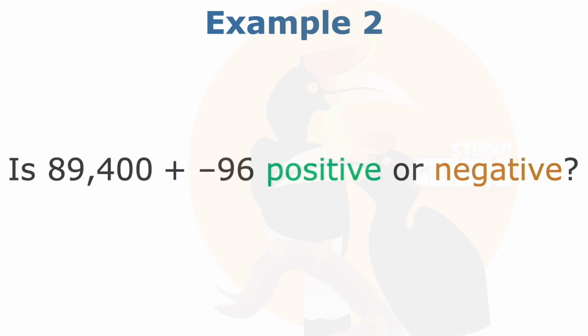Let's look at example 2. Here we have 89,400 plus negative 96. We are adding two integers with different signs. Again, we would take the difference of their absolute values and give the sum the sign of the number with the larger magnitude. Since 89,400 has a larger magnitude, we know the sum will be positive.